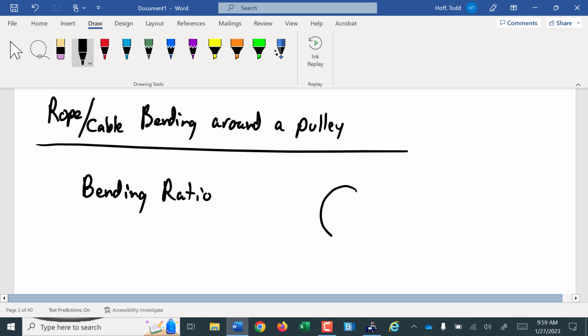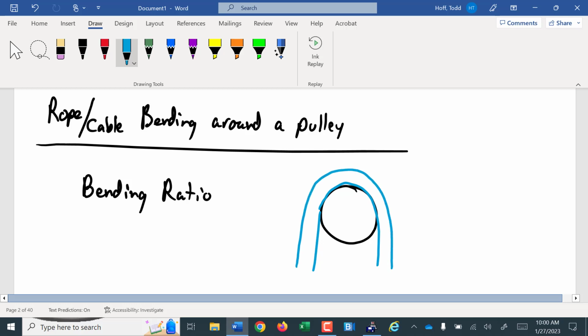And where that comes from is, of course, a pulley is a circle pretty much. And our rope or cable is going to lay over that pulley. It may not be a complete half turn, but it's going to have some sort of bend like that. And when that rope bends over the pulley, because it's not straight anymore, the fibers on the inside are compressed.